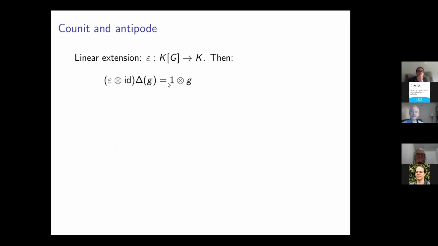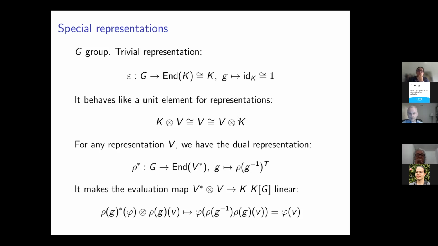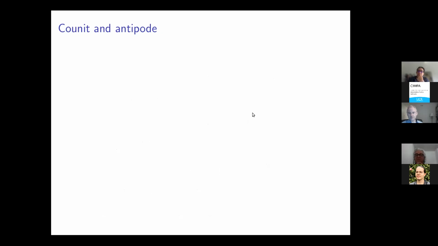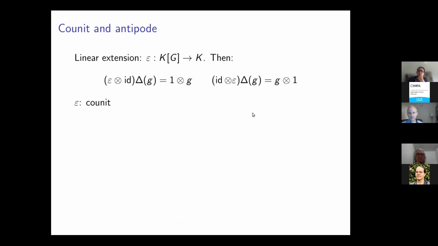The property that it has: if I take delta of G, which is G tensor G, and then apply epsilon, this here becomes 1 tensor G, this one being the one in the base field, and the same holds on the other side. And these are exactly the properties that were necessary to make this isomorphism here G equivariant or kg linear, which is the same thing. So this is the so-called co-unit in this setting.